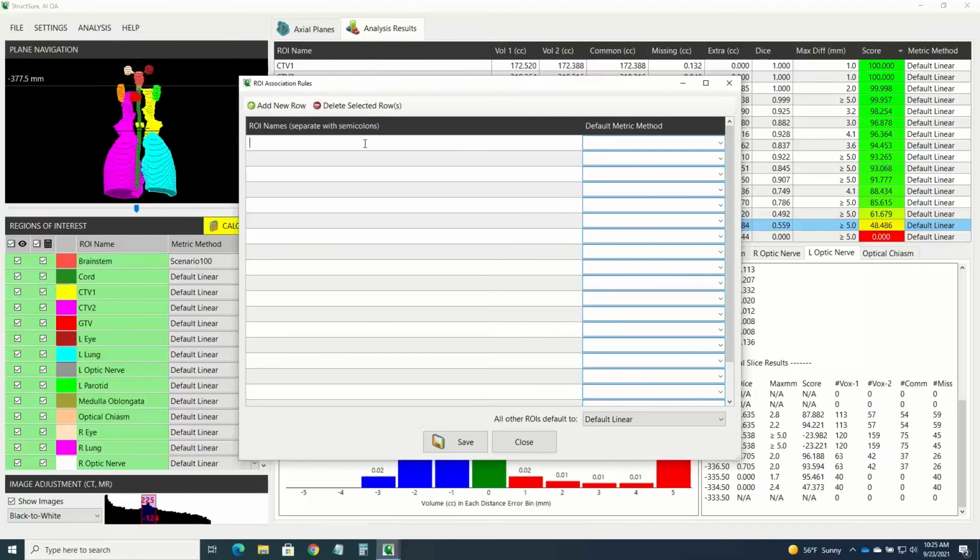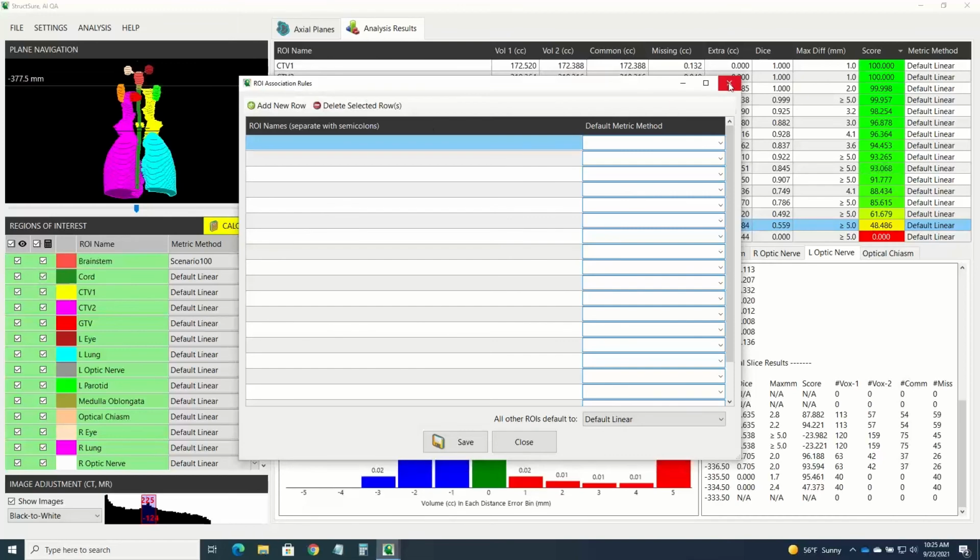For example, in our gold standard we have a certain name for the left parotid, and we also call it something else in our auto-seg engine, even though they're really the same thing. So what you can do here is do a compare. You can basically map that. You can say, when I see L parotid, it also means left parotid, and so on. So you can just keep doing that.